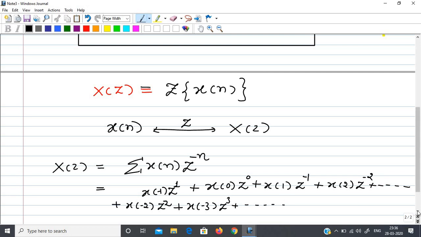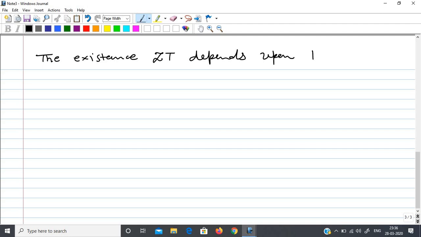Now this power series may be convergent or may be non-convergent. So the existence of the Z transform, ZT being the abbreviation which I shall use for Z transform, depends upon the convergence of the series.